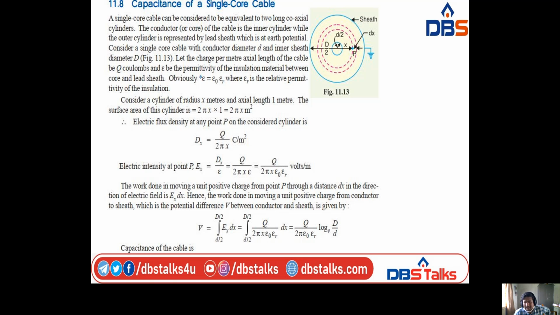As we discussed in the insulation resistance of a single core cable, a single core cable is considered equivalent to long coaxial cylinders. Look at the figure.